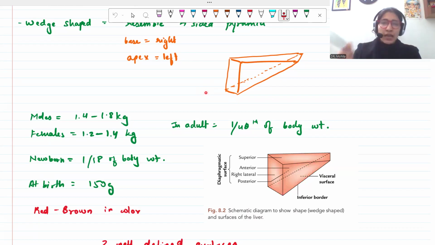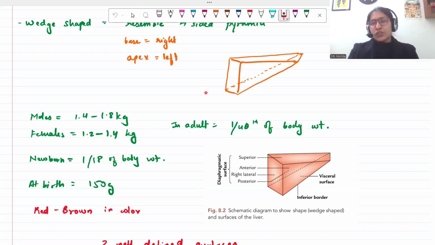By the way, ये सारे surfaces बताने से पहले liver is simply divided into two types of surfaces. Like liver का एक diaphragmatic surface होता है जो diaphragm cover करता है, and एक visceral surface होता है that is in contact with other visceral organs. Then diaphragmatic surface is divided into superior surface, anterior surface, posterior surface, and right lateral surface.